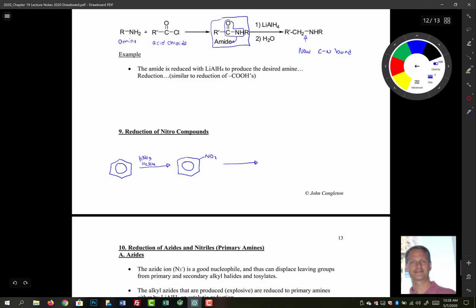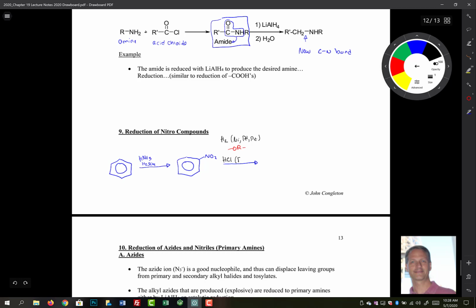And then what we want to do is we want to do a reduction. So we can use a couple of reagents. So your book uses H2 with some type of a metal catalyst. So it'll be nickel, palladium, or platinum. Or they use H+, so a source of H+, like HCl, for example, with another metal.